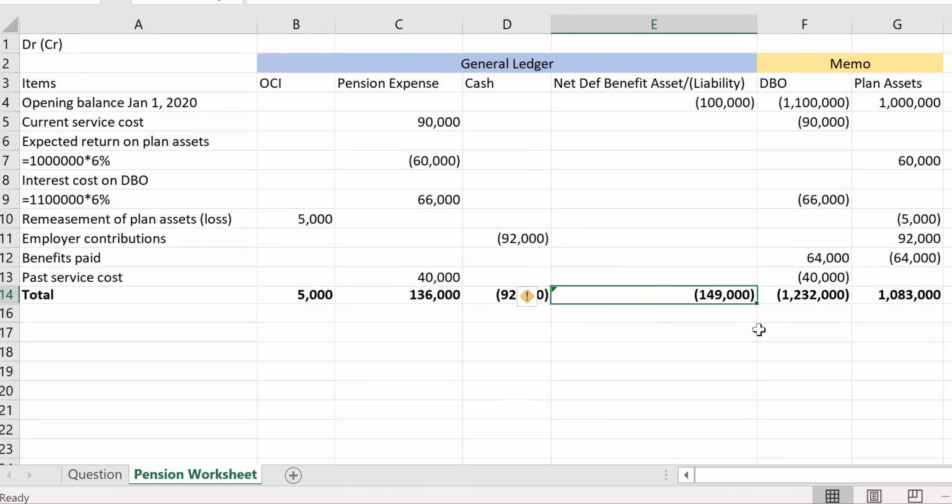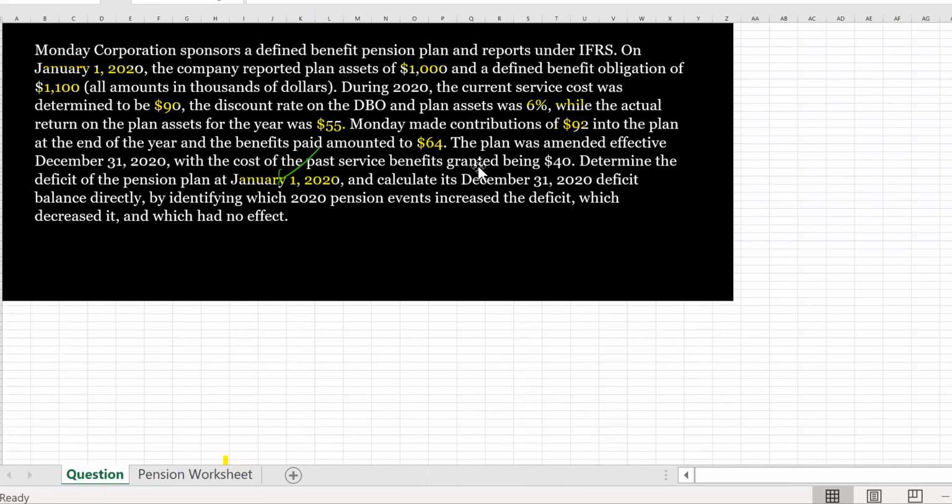And the reason that this shows up on the statement of financial position of the company is because it's the company's responsibility to make sure that their promise to pay out whatever they've agreed to under the defined benefit pension is held true. So if the plan assets are less than expected or the benefit obligation is somewhat higher, the corporation's on the hook for that. So they're going to need to contribute more to the plan so that it's properly funded in the future. So that takes us through this question.